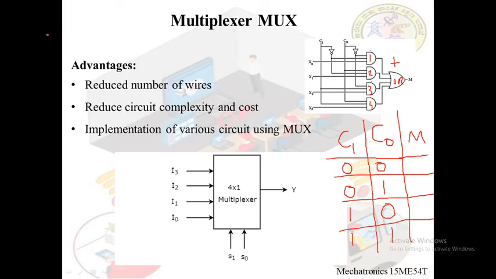So the OR gate is for addition, the AND gate is for multiplication, as we all know. Here the AND gate has 3 inputs, not only 2. Let us say A, B, C. The output A into B into C will be high only when all 3 are high. When any one of the inputs is 0, the output will definitely be 0.